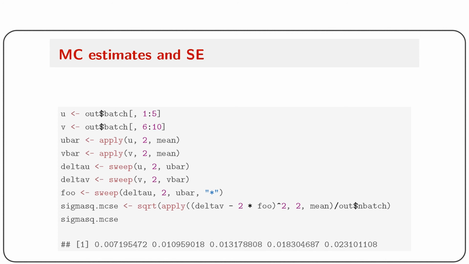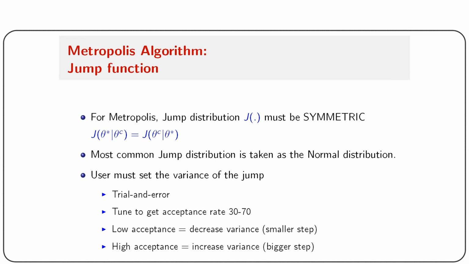The foo equals apply out dollar batch to this. Now, the Metropolis algorithm and the jump function. Before we go to the Metropolis algorithm, I hope you know what a jump function is, but nevertheless I'm trying to give a primary concept of the Metropolis algorithm here.